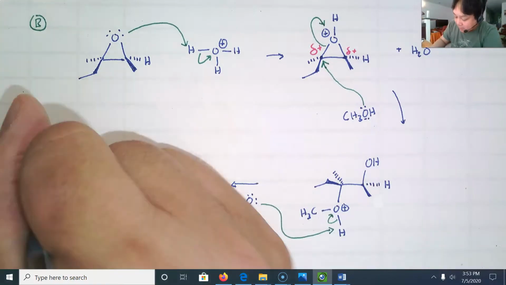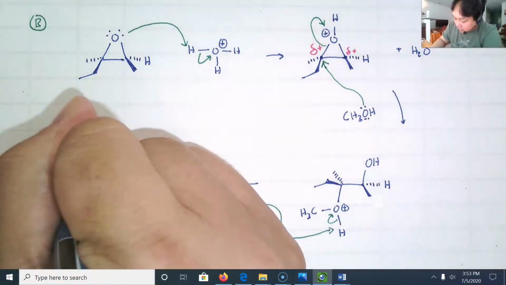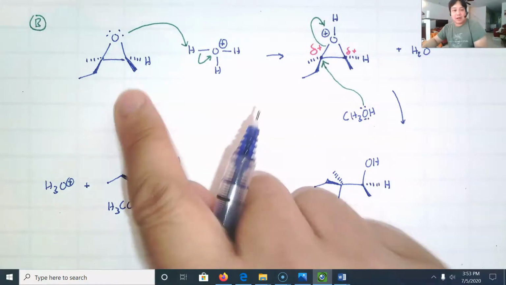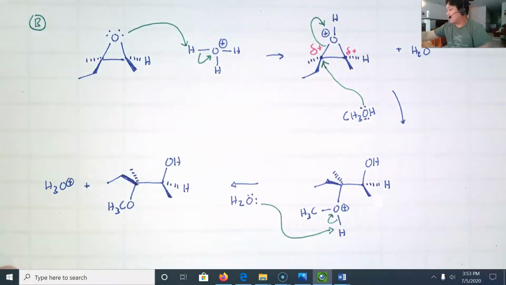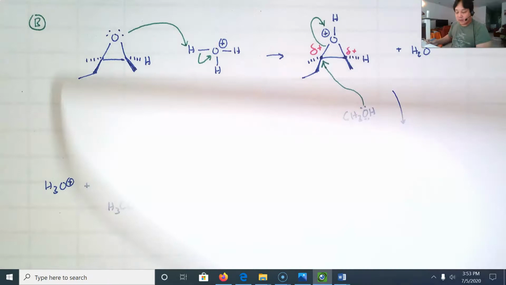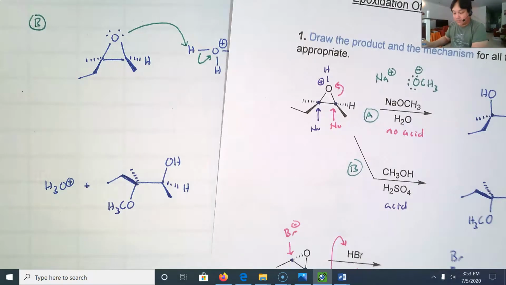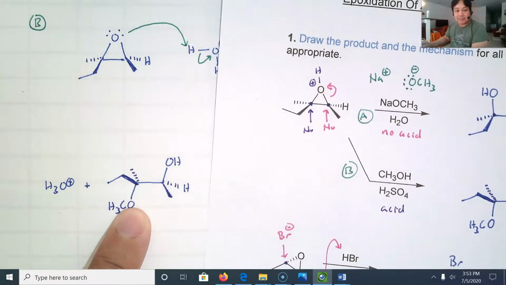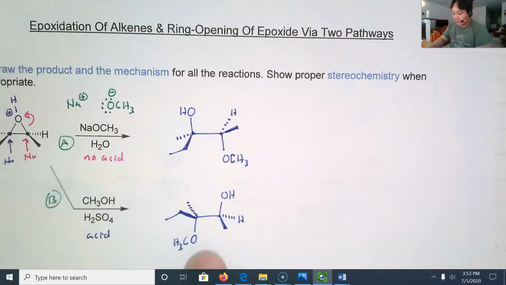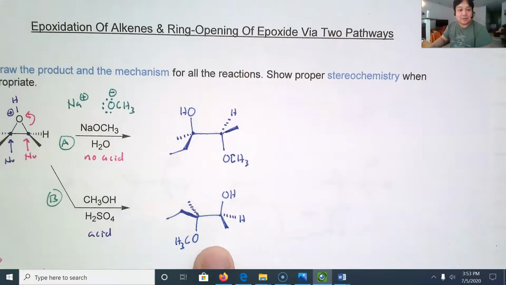We did create acid, hydronium, again. We should start the process over. Double check your answer. So we have this from the mechanism, and our answer is that. It is identical.